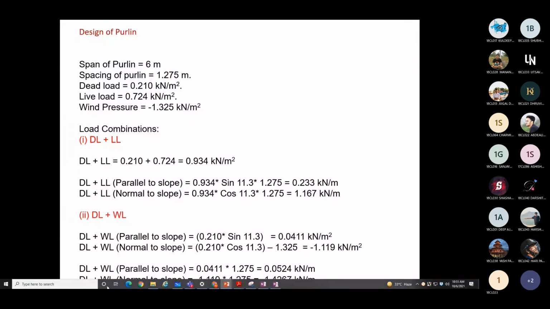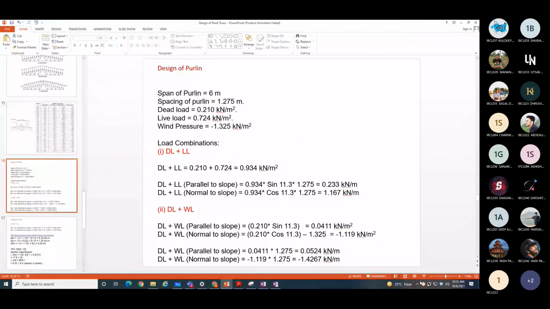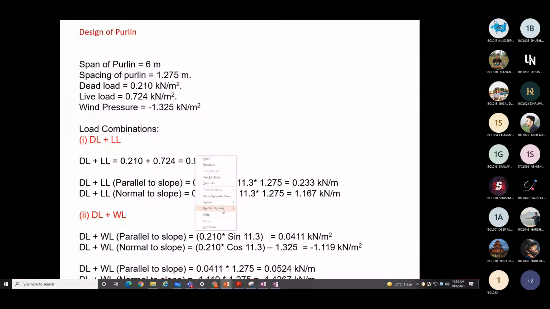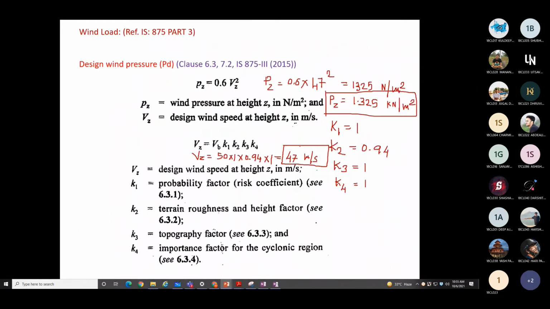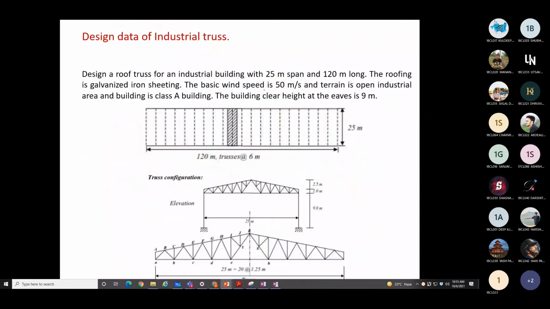Right. Now in this design of purlin, span of purlin. So over here our truss is having span of purlin as 6 meter. See, all the trusses are placed at 6 meter distance. Right. ये पहला truss है.